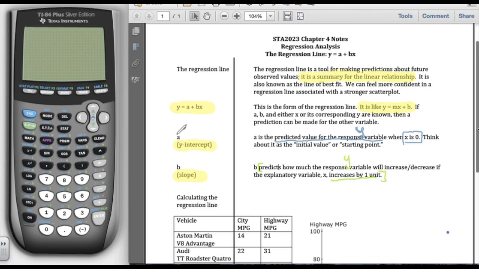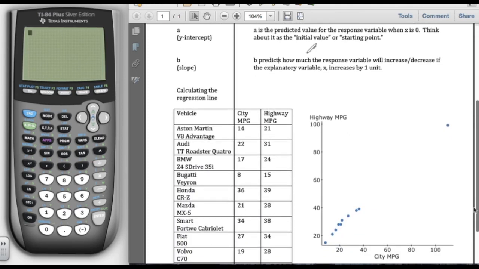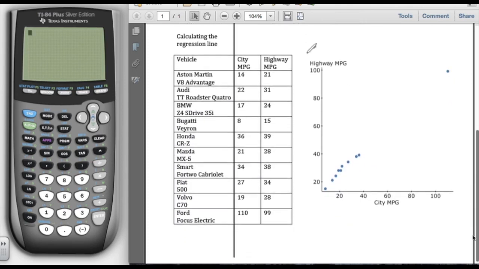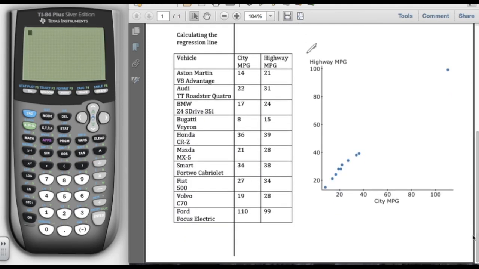To make a little bit more sense of this, let's look at an example with some data. Let's actually get the regression line from our calculator and discuss what these components mean. In my data set here, I have 10 cars. I have their miles per gallon in the city.